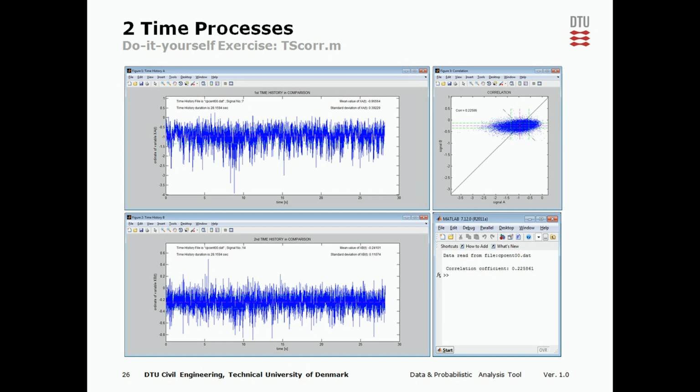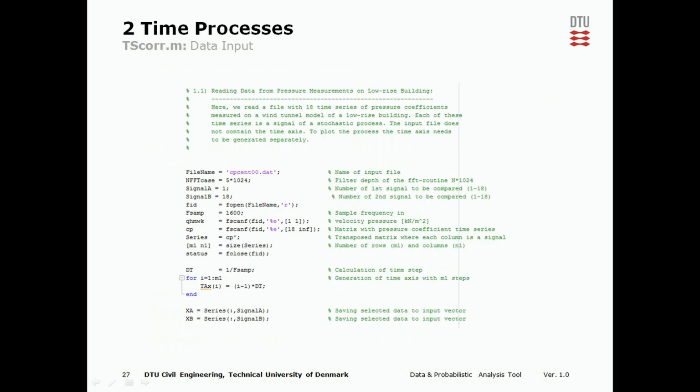We have here the two time histories, and in the upper right corner we have the graph where all the data points are compared to each other at the same instant of time. This is the input sequence from the script. It is very similar to what we had from the time history analysis.